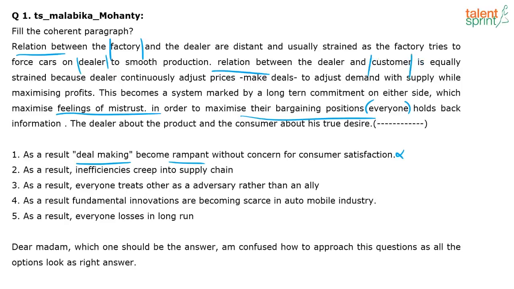So options 1 and 2, where the focus is on the deal making process becoming widespread or inefficiencies. No inefficiencies are mentioned about the supply chain at all. Out, 1 and 2.